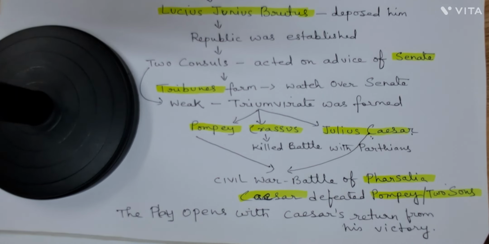So they wanted to get rid of him, and again they wanted to establish democracy. They did not want Caesar to have absolute power. This is how the play continues, where Brutus and Cassius plan to get rid of Caesar by murdering him, as those who will be starting Julius Caesar in class 9 will read.